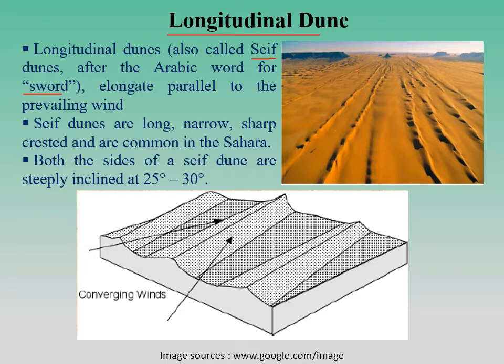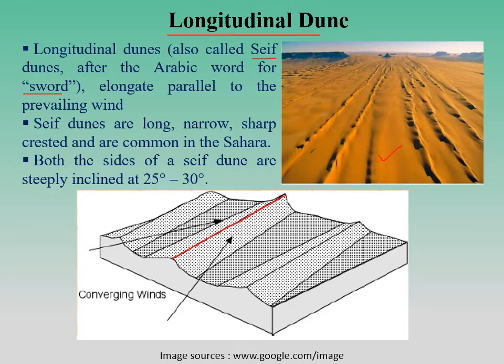So due to the coalescence of these two different directional winds, when they converge, when they meet with each other, they form these kinds of narrow ridge dunes, as you see in this picture also.